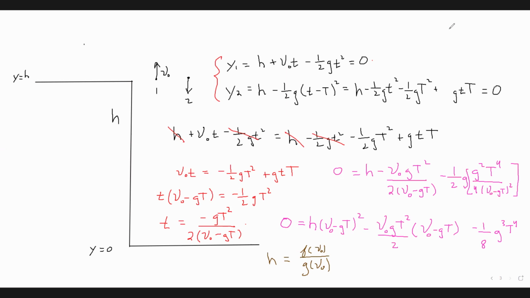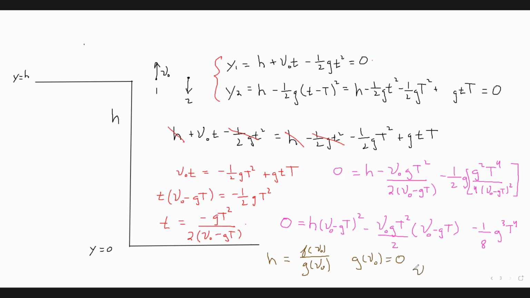So part B asks you to show that if V0 is greater than a certain value, there's no solution for H. Well, there's no solution for H when this function g of V0 equals 0, which means what?